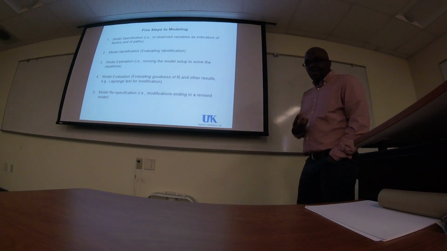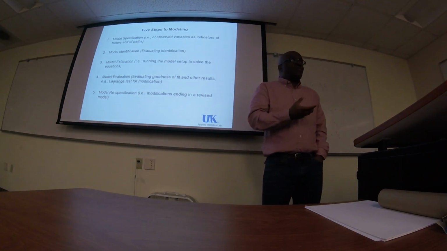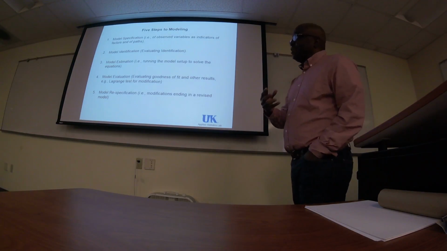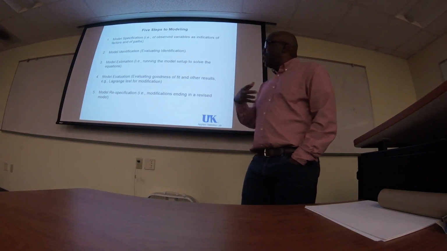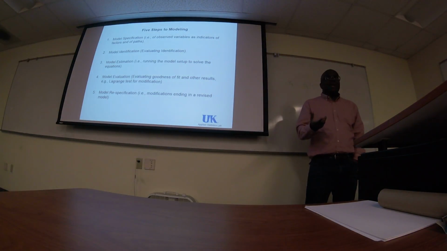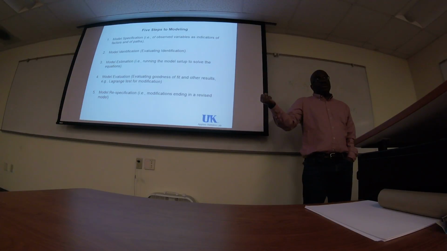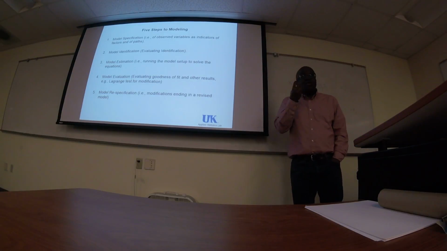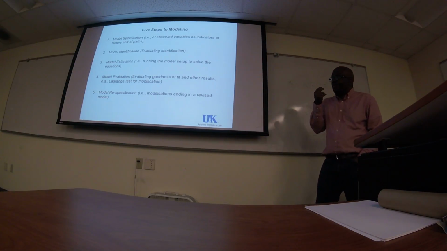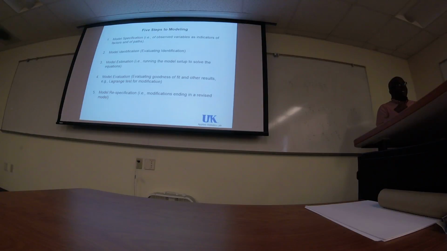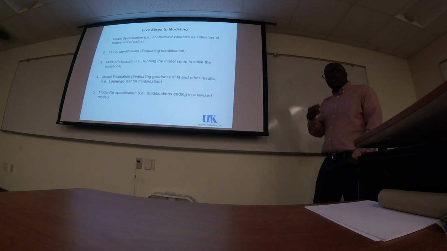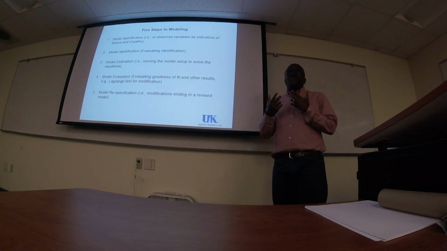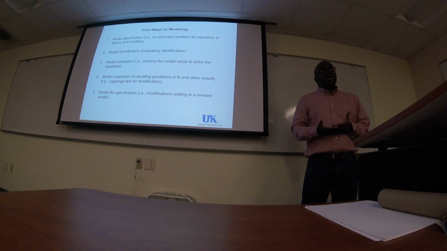Once you estimate the model within the software that you'll be using, there will be some goodness of fit measures that you can use to say whether the matrix of correlations is reproduced by the model. How good is your model? But even then, you might get, oh, it's not fitting well.